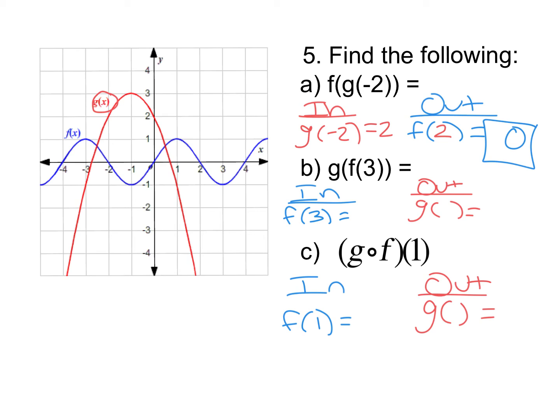See if you can do the next one on your own. So I'm starting with f of 3, so it's the x value 3, and I go to the blue, and I get -1. Take that -1, that's now an x value. I'm going to -1, and I'm going to my red g function, 1, 2, 3.